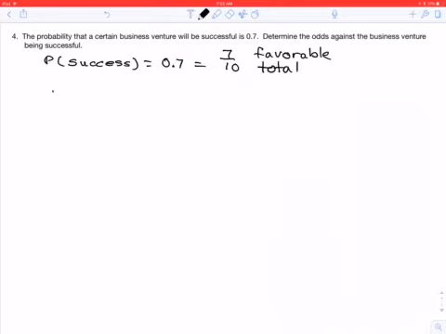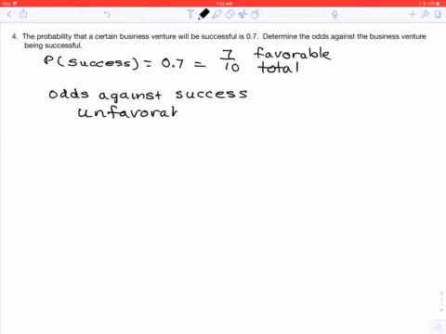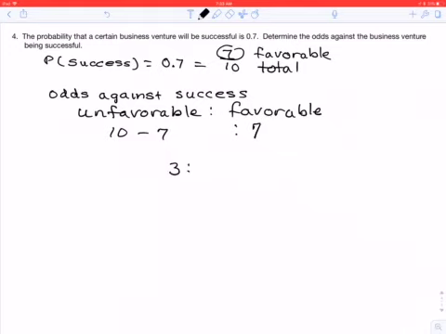So to convert that to odds against, we know that to be a ratio of unfavorable outcomes to favorable. So I'll do the favorable first. We said there were 7 that were favorable. So unfavorable would be all the rest, would be the total minus the favorable. So I get 3 to 7.